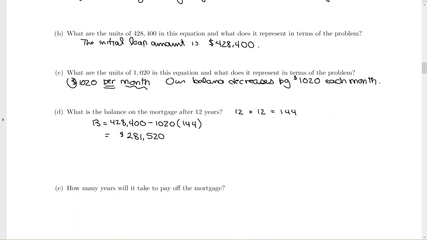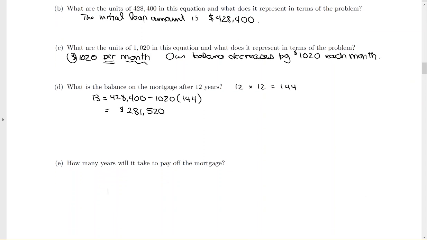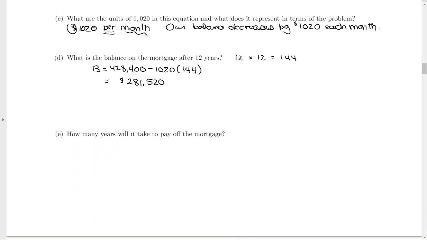Okay. For the last one here, how many years will it take to pay off the mortgage? To pay off the mortgage means I'm not going to have a balance anymore. So my balance is going to be 0. So I'm going to plug in a 0 for my balance, 428,400 minus my 1020 times N, the number of years.